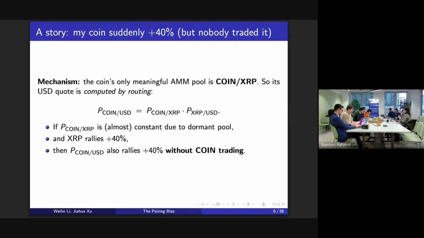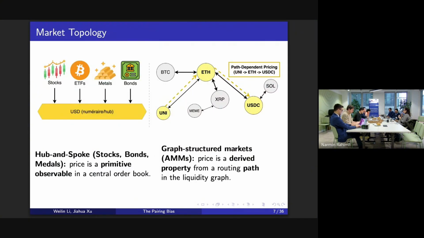So how do we formally explain this kind of pairing? Compare with traditional assets: you buy a stock directly with your US dollar or GBP. You can buy metals, stocks, bonds in a centralized limit order book. Compared with this, on AMMs, especially in DeFi markets, you can pair any two tokens.